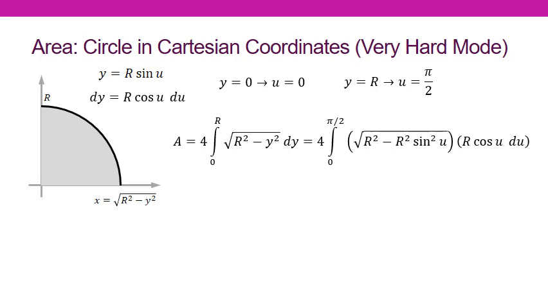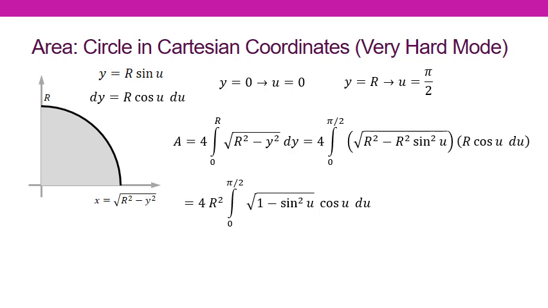Now, I notice that there's an r in both terms under my radical, so I can do a little bit of factoring and pull that out of the square root. I also have an r over here, and that's the radius. It's independent of u, so I can pull it out of my integral, and I get 4r squared times the integral of the square root of 1 minus sine squared u, times cosine u du.